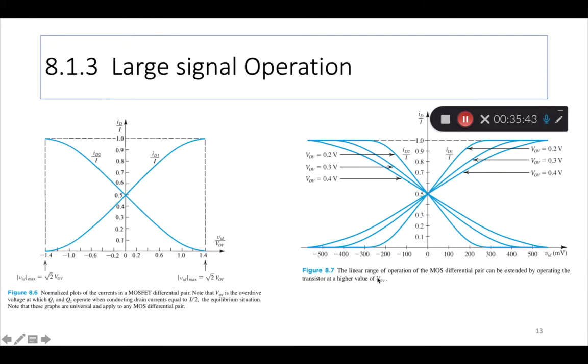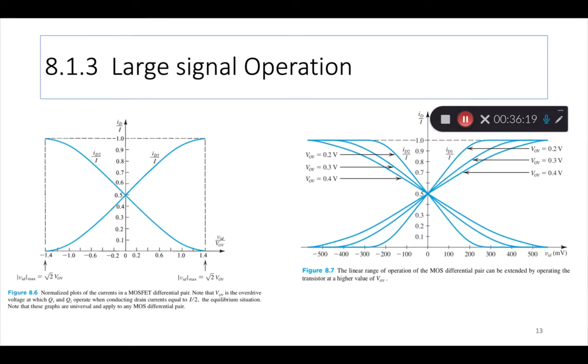This says that the linear range of operation of the MOS differential pair can be extended by operating the transistor at a higher value of VOV. So the higher the overdrive voltage, the more linearity you can get, and thus you can improve the behavior of your transistor for a higher range of input signal.